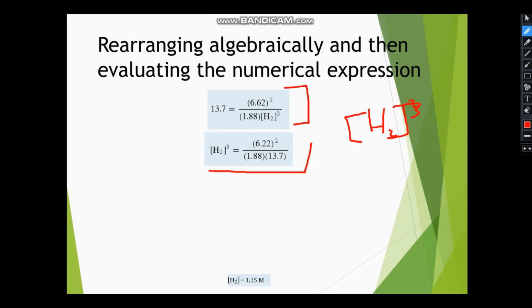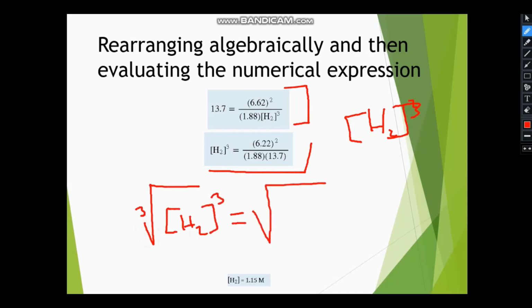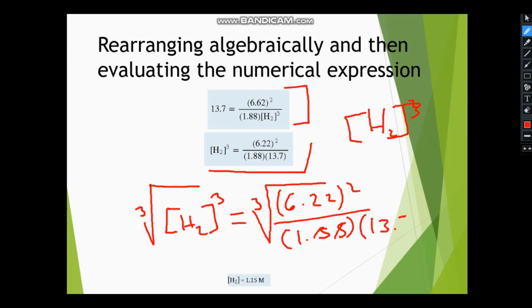So we'll have the cube root of the concentration of hydrogen is equal to the cube root of 6.62 squared divided by 1.88 multiplied by 13.7. So here, these will simplify and will remain with the concentration of hydrogen.